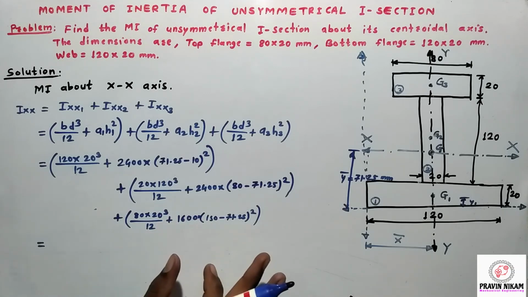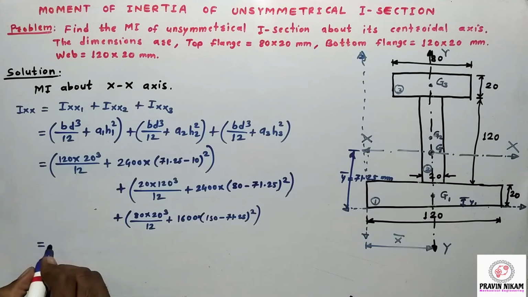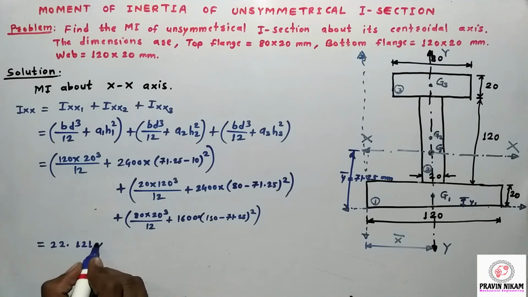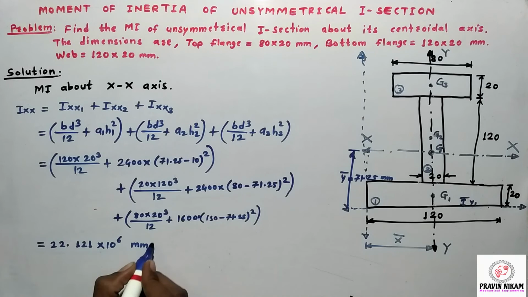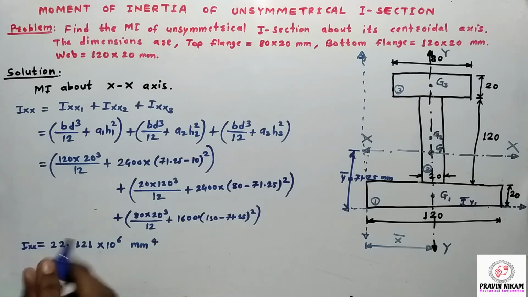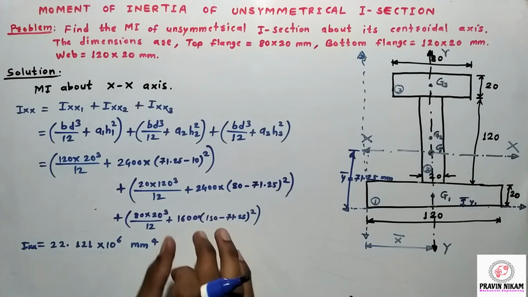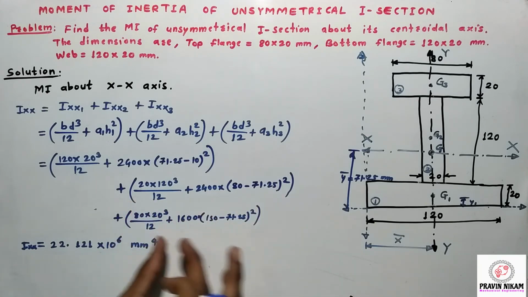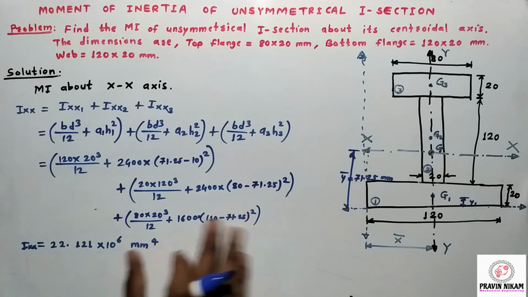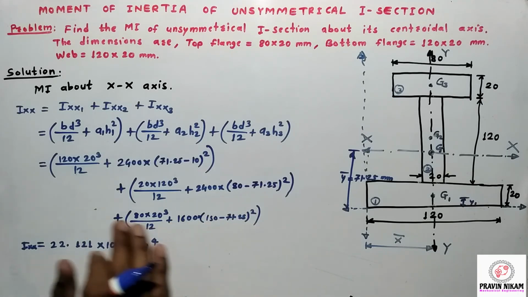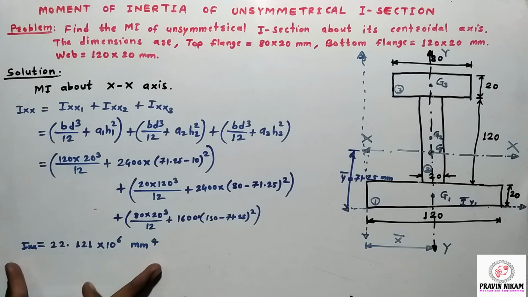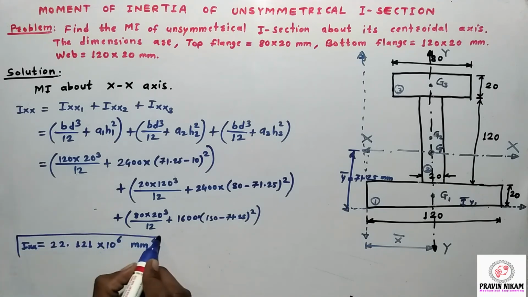There are six different terms. Write each one separately, then add all the terms and you will get the final answer as 22.121 into 10 raised to 6 mm raised to 4.